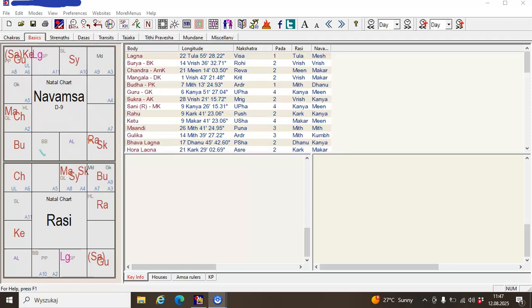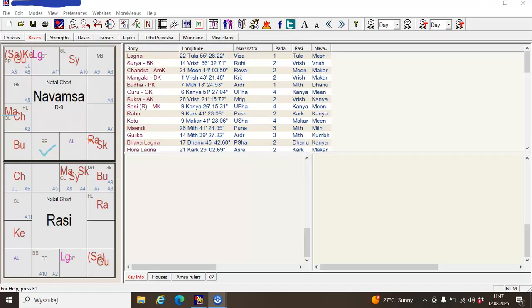Okay? Then, after Tula, it comes, obviously, Vrishchika. Vrishchika is an even Rashi, so our counting will be indirect, counting up to its lord. As I've said before, we take here into consideration only Mangala as the ruler of Vrishchika.